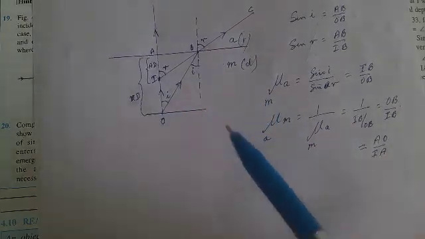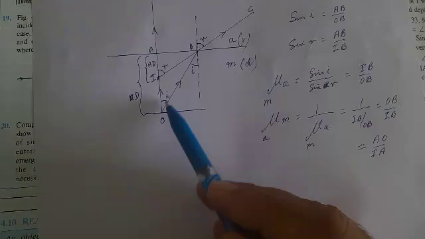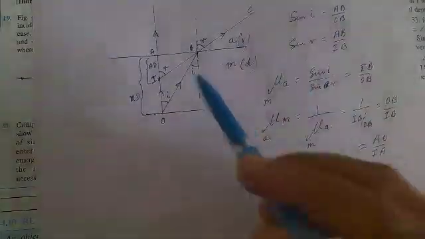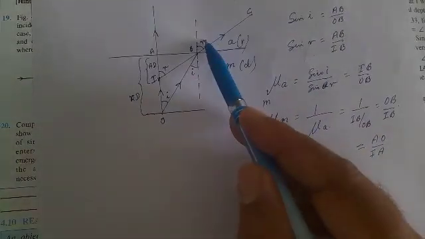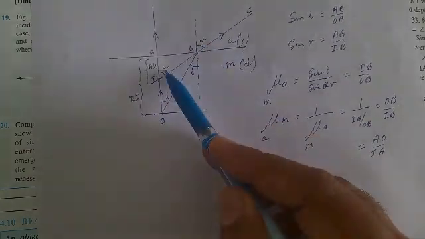So, here we take this triangle over here, ABO. This is I, angle of incidence. This is angle of refraction. This is I, so this is I. Alternate angles. This is R, so this is R. Corresponding angles, equal. Okay.